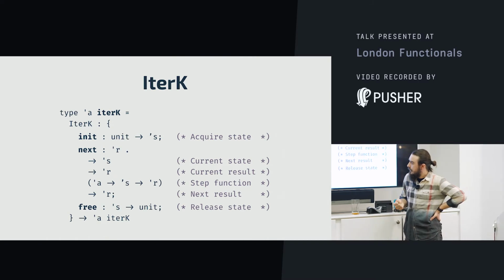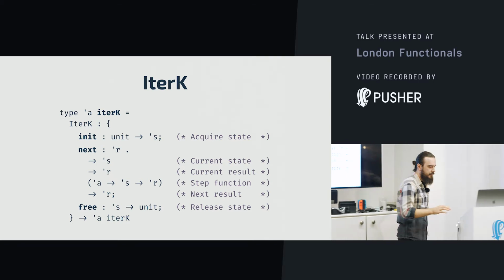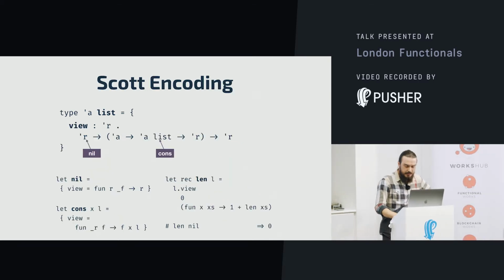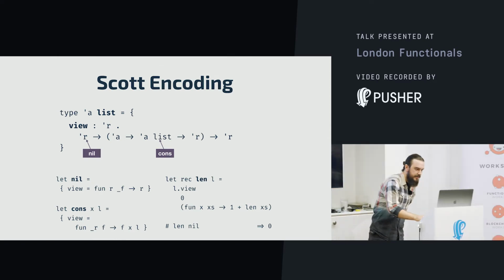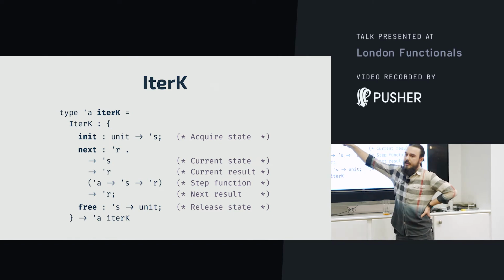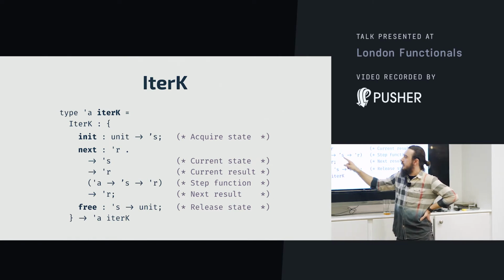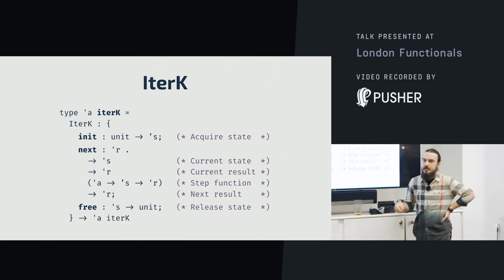Now, the interesting bit is that this S has a similar role to the list that we have here. It only exists there to allow our stepping function to eventually call next again with a new R and with a new S. So it drives the recursion.